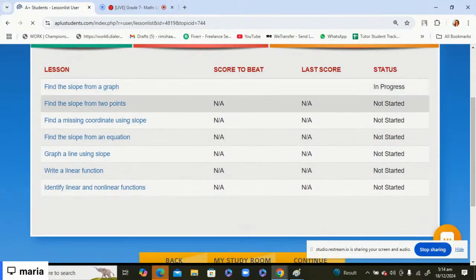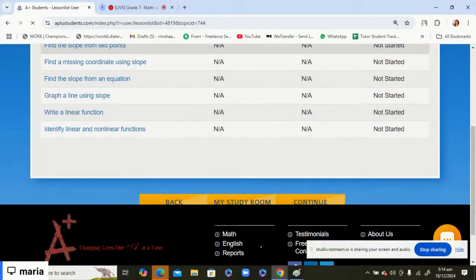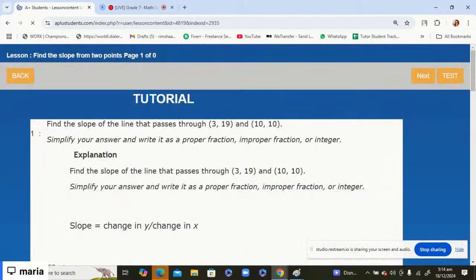So now let's move to the next. Find the slope from the two points. Now, the two points are given here: 3, 19 and 10, 10. In the previous one, we took the points from the graph.